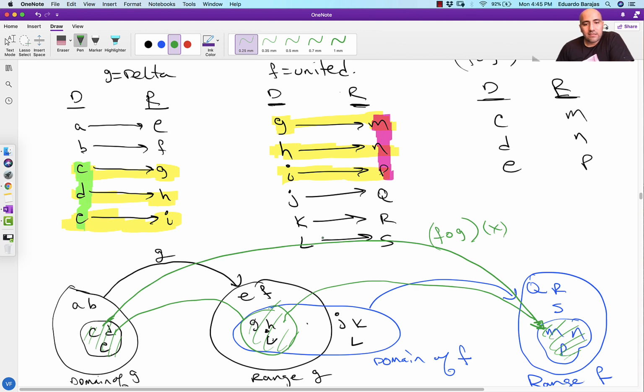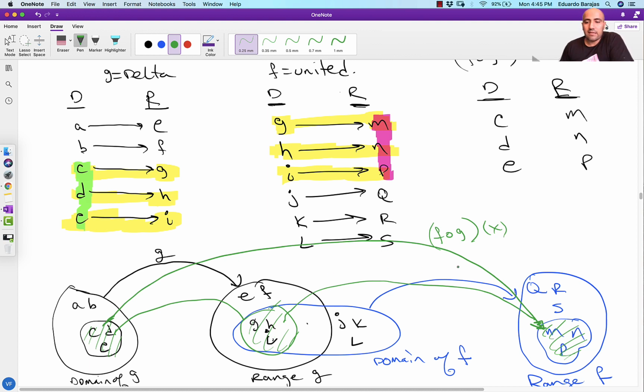Okay, these cities here, city J, K, and L, are a problem because there's no way to get to them. Delta does not fly into those cities. So even though they're valid cities that United can take off from, I can never reach those values, right? If I'm starting off here, there's no way to get to these guys over here. So this is the sweet spot. I can start off in these three cities. They lead me to these three cities. And then those three cities finally lead me to these three cities.